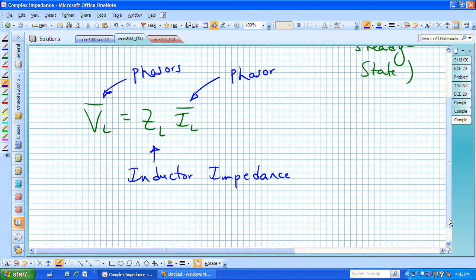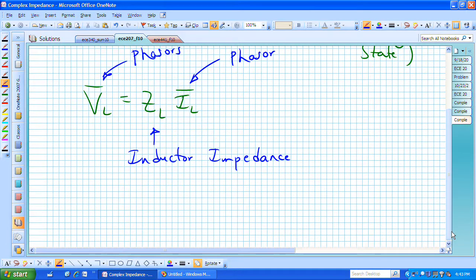What we want to do then is find what Z sub L is equal to. And what we will do then is figure out what an expression for V sub L is in terms of its phasor relationship, what is I sub L bar in terms of its phasor relationship, and then take their ratio to find the inductor impedance.